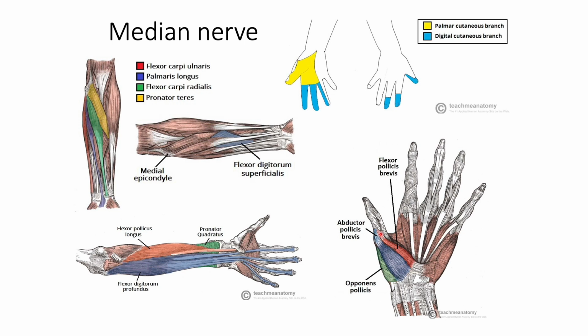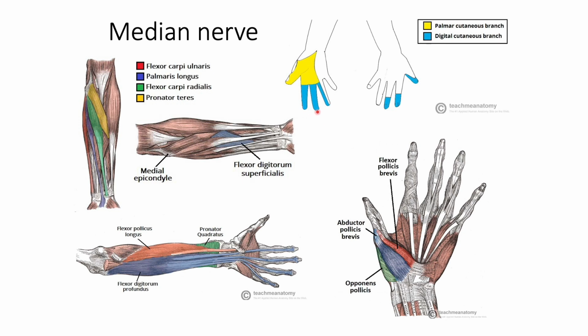Then cutaneous branches, one is the palmar cutaneous branch, which supplies the lateral half of the palm area, which is represented in yellow here. Then once it reaches the hand, it gives digital cutaneous branches, which supply the palmar aspect of the lateral 3.5 fingers.